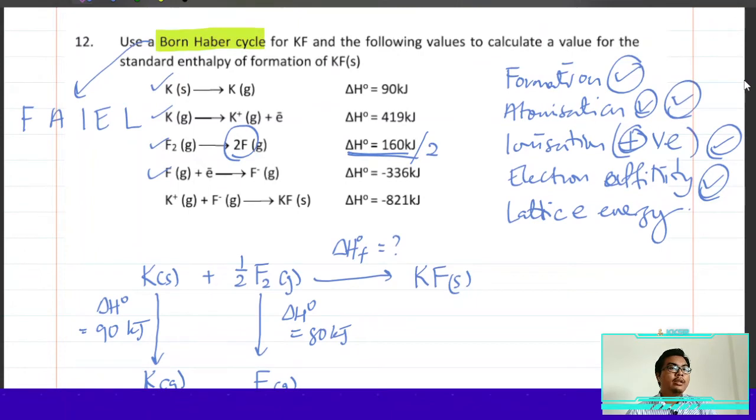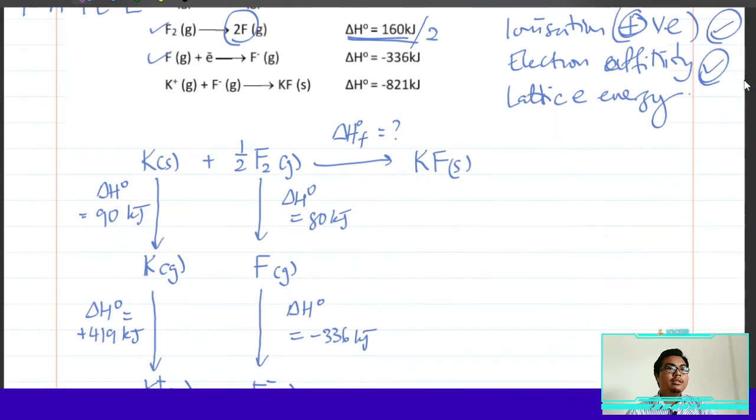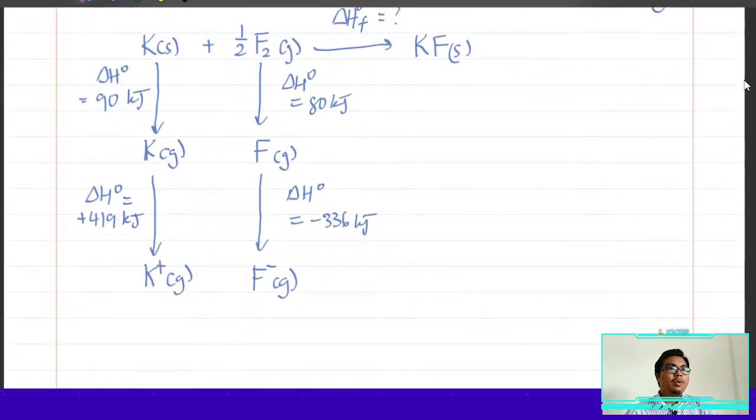Okay, last one is the lattice energy. So lattice energy is the energy released when 1 mole of ionic compound here, which is our KF, formed from its gaseous ion. So yang hujung ni kita punya K plus dan juga F negatif ni kita combinekan dia, so pluskan dia, and kita tarik dia ke atas like that. Okay, so this one is our lattice energy.